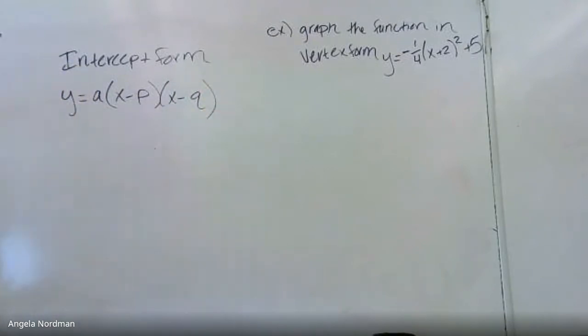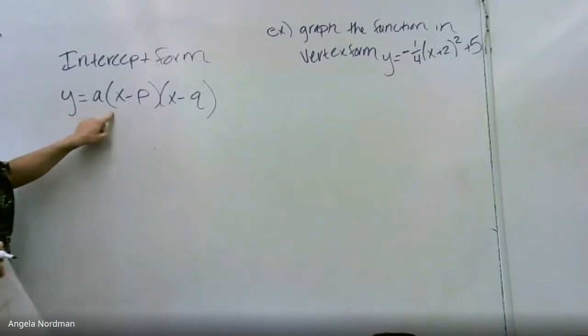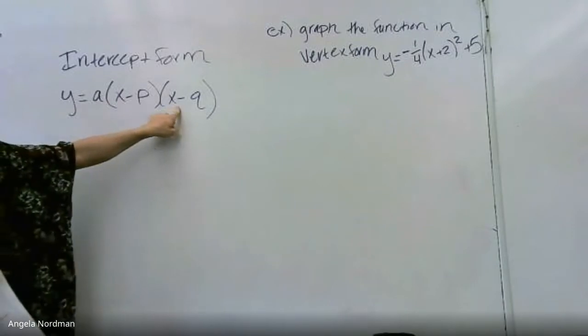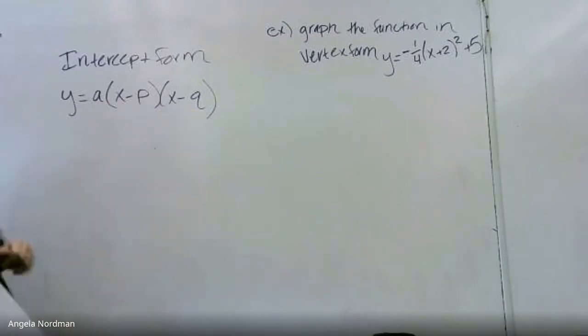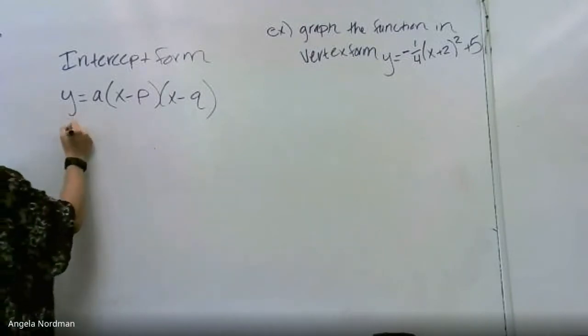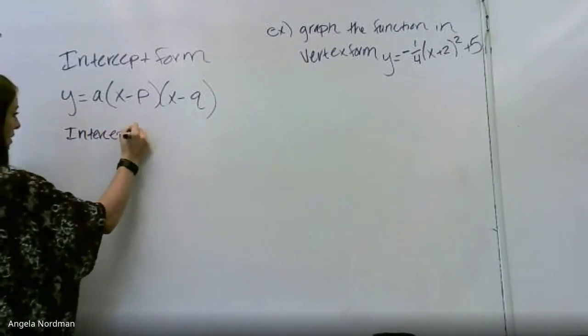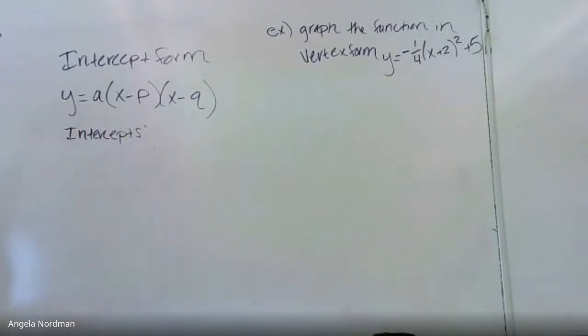Okay, so the formula for this one is y equals a times the quantity of x minus p times the quantity of x minus q. Some characteristics about intercept form is you're able to find intercepts. That's the whole point of this.